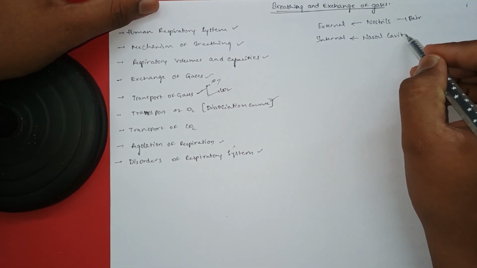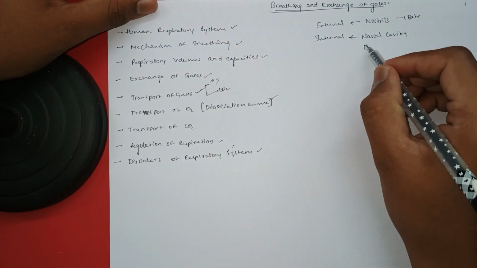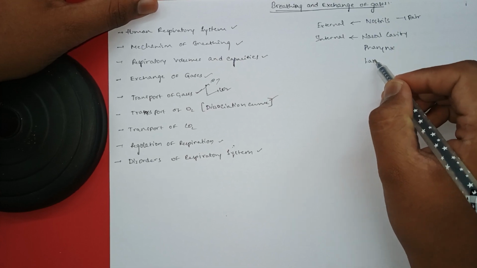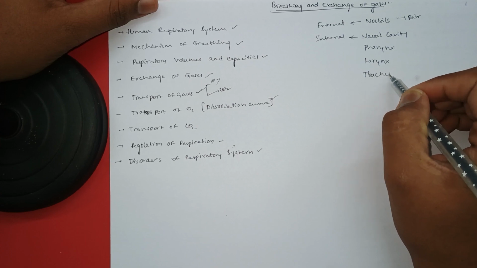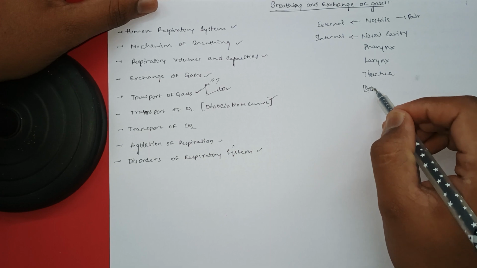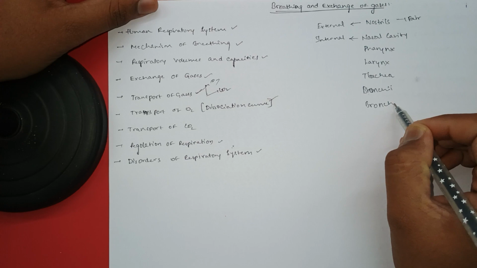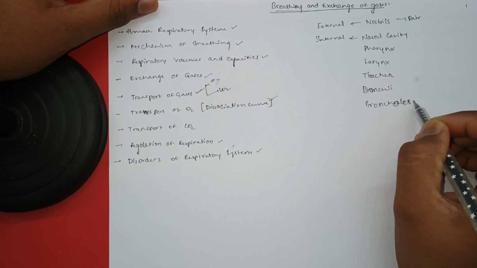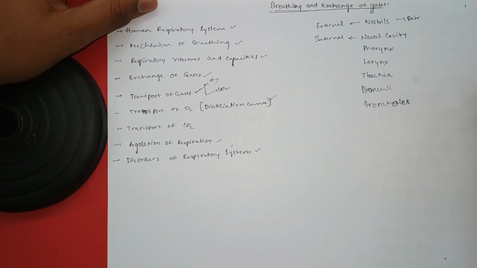After that, you'll be having the pharynx, larynx, trachea, bronchi, and bronchioles. So these are the parts of your human respiratory system.